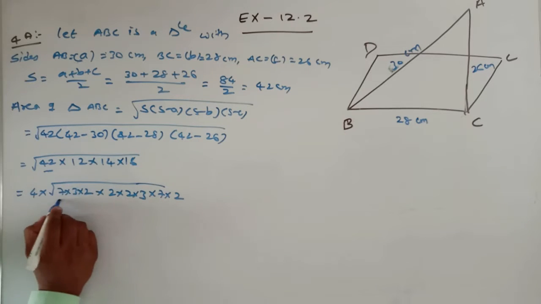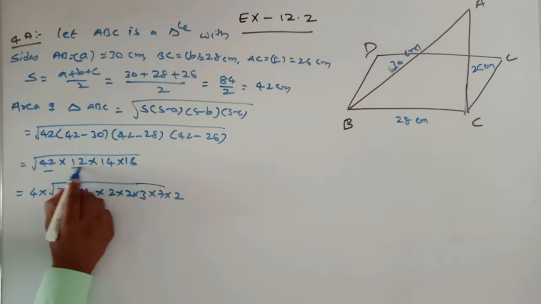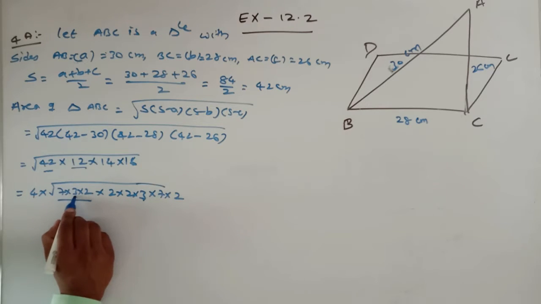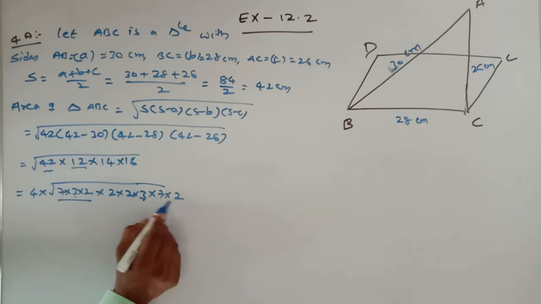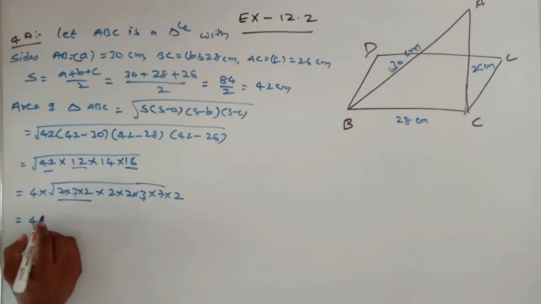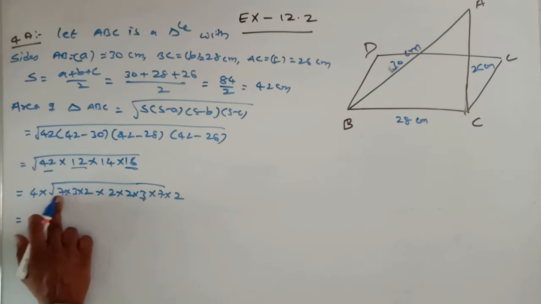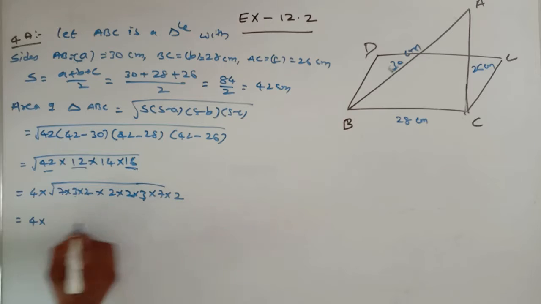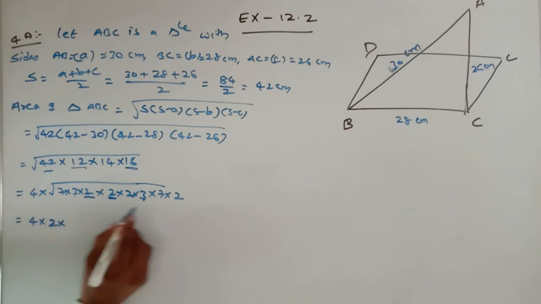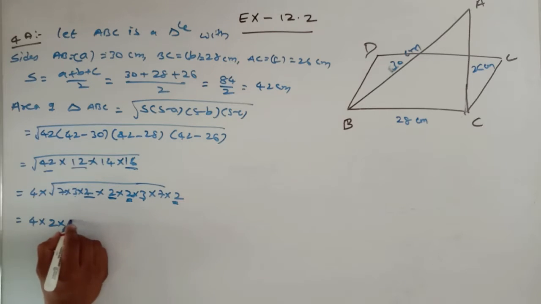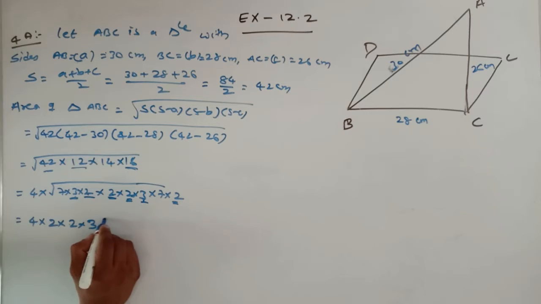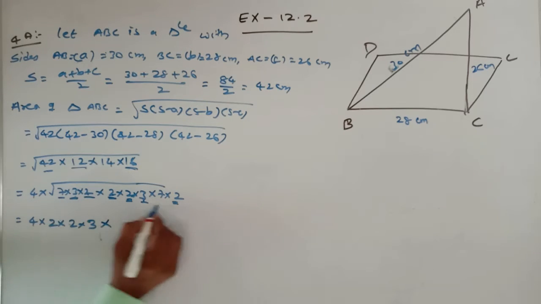So there are four 2's; from these 2's, pairs can be taken out of the square root, so 2 comes out, another 2 comes out, and also 3 and 7.